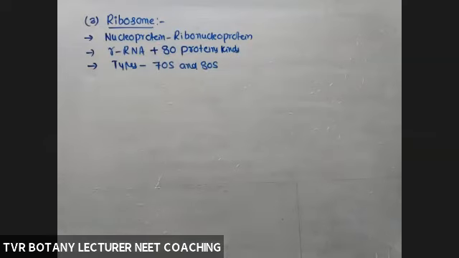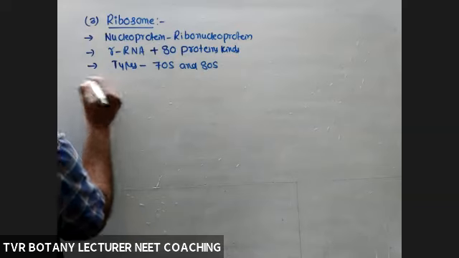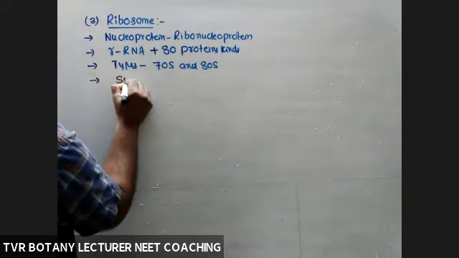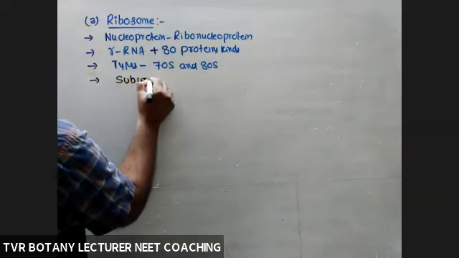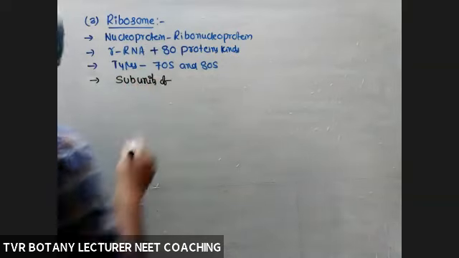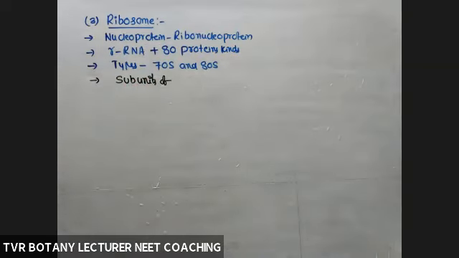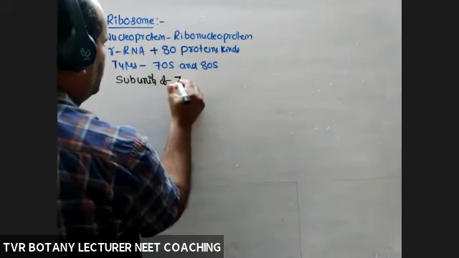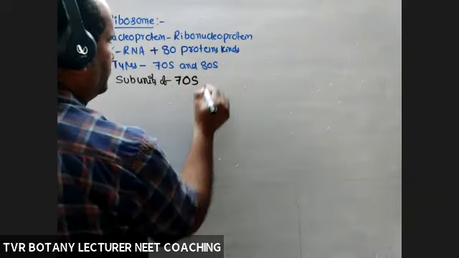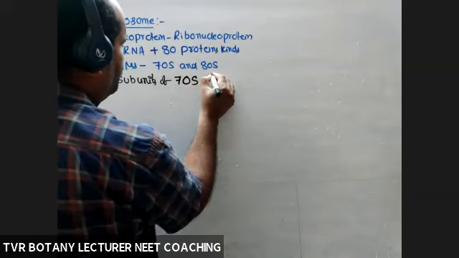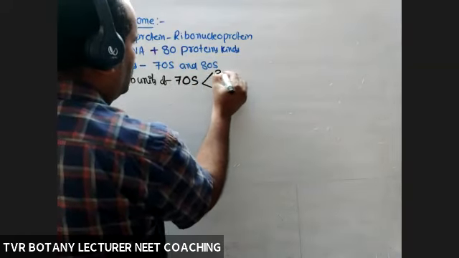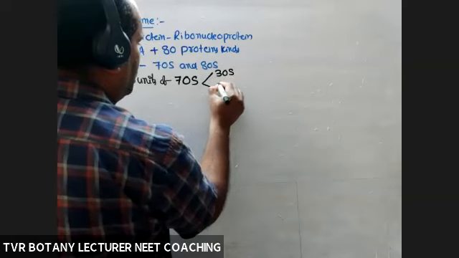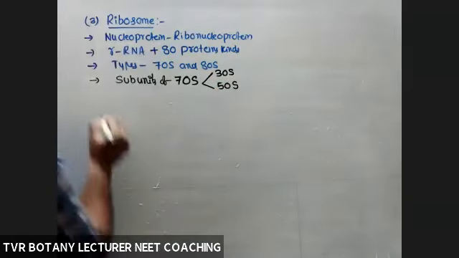What are the subunits of ribosomes here? Subunits of the 70S ribosome: what are they? 30S and 50S.